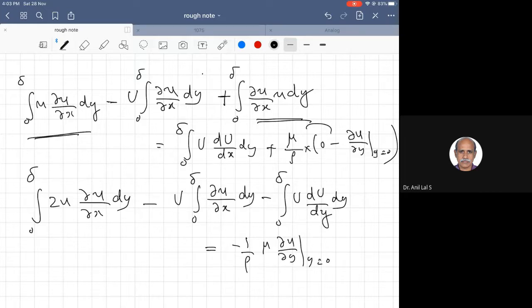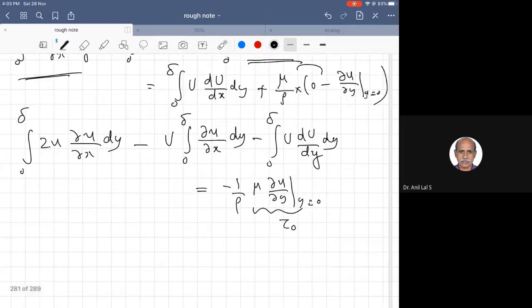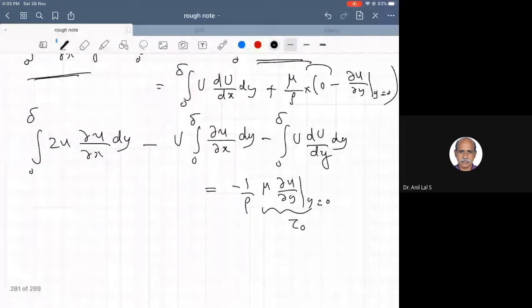And this is what is called the wall shear stress, tau naught. So this is wall shear stress.